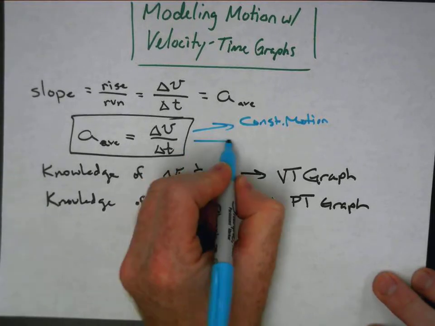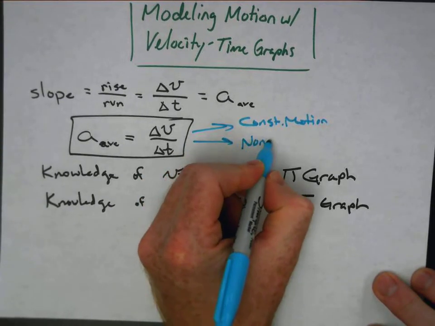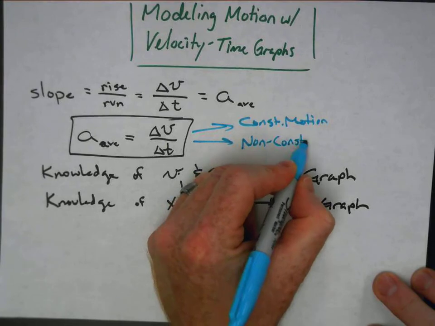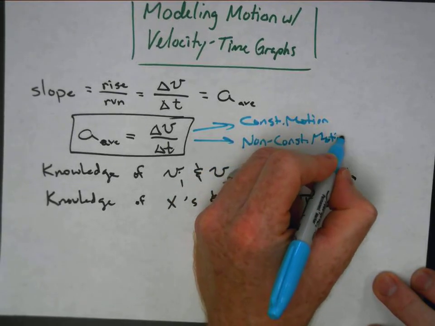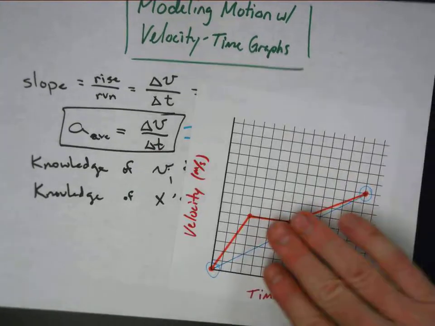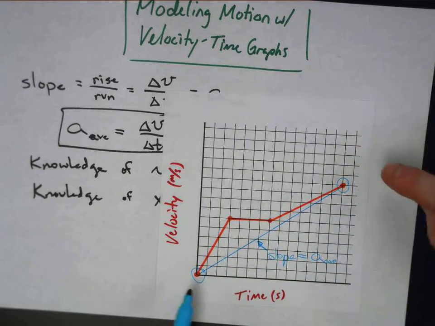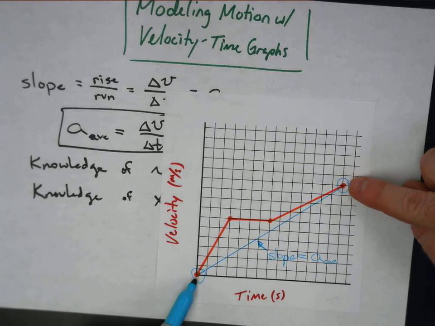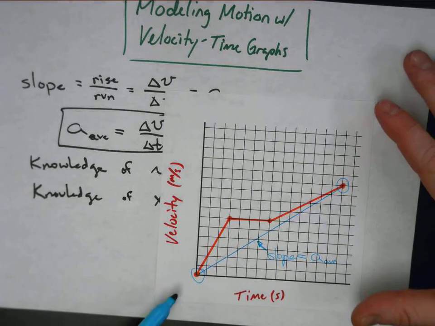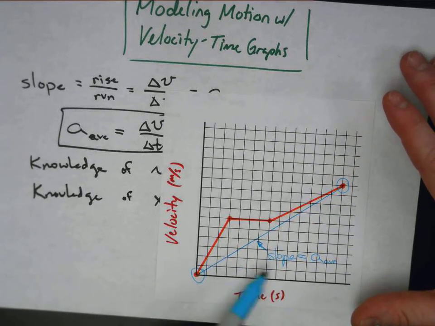This also works for non-constant motion. I mean, we looked at that. We looked at how, for non-constant motion, you could just concern yourself with the beginning and end velocities, initial and final velocities. Imagine a line between those two and find the slope of that line.